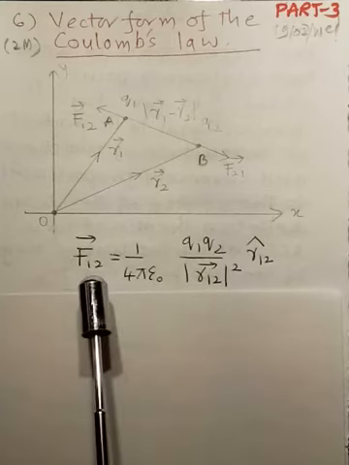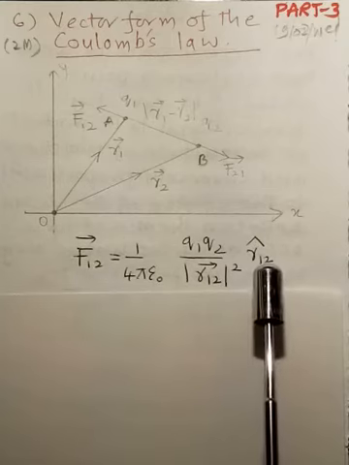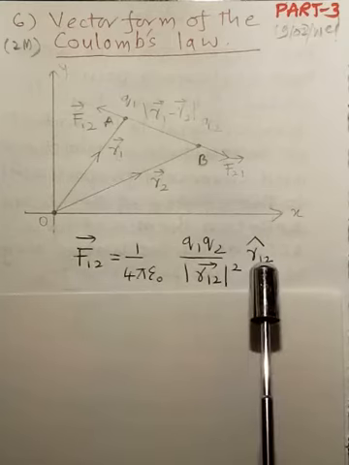Therefore, the equation is the same, only we introduce an extra term here to represent the direction. 1 by 4 pi epsilon naught is a scalar quantity. Q1, Q2 is also a scalar quantity. But this term R12 represents the distance between Q1 and Q2, and it is a vector quantity.